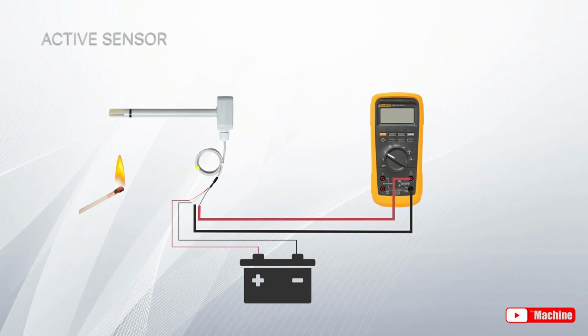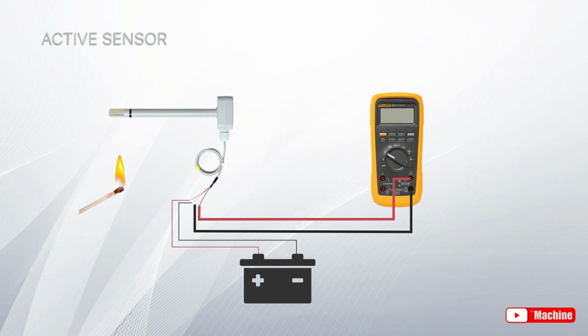An active sensor is a sensing device that requires an external source of power to operate. Active sensing devices gather information related to the environment and translate this into a digital signal to be transmitted to the controller.